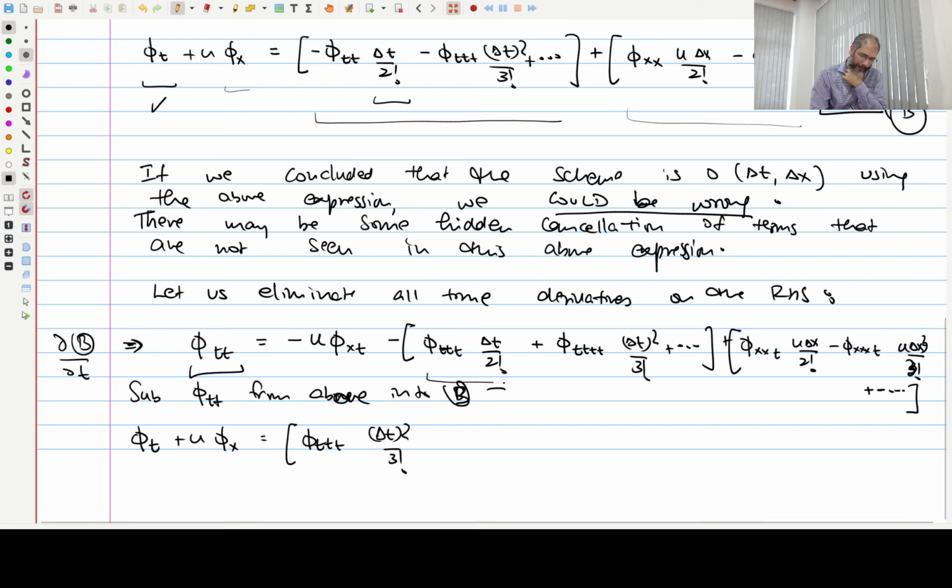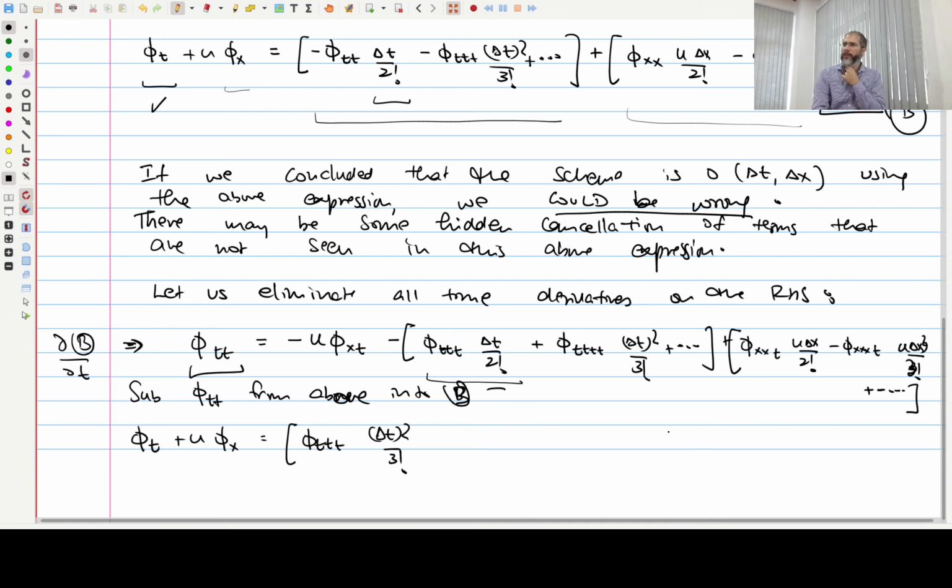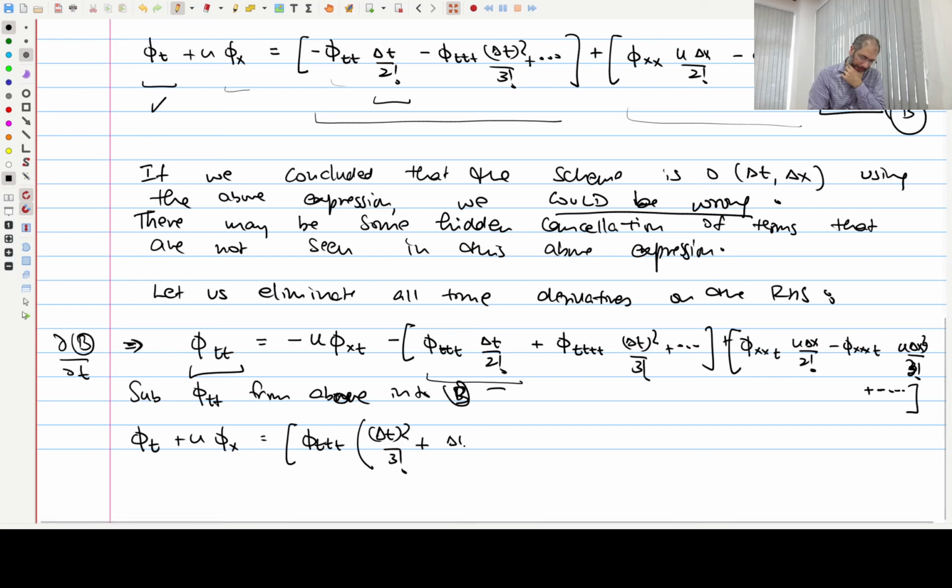But I have added another coefficient this time. So when you substitute phi tt here, you generate a phi triple t coefficient, which is delta t by 2 factorial with a negative sign, but now you also have negative delta t by 2 factorial here. So this becomes a positive, so I'll write the coefficient here, delta t squared by 2 factorial times 2 factorial, so that is 4.